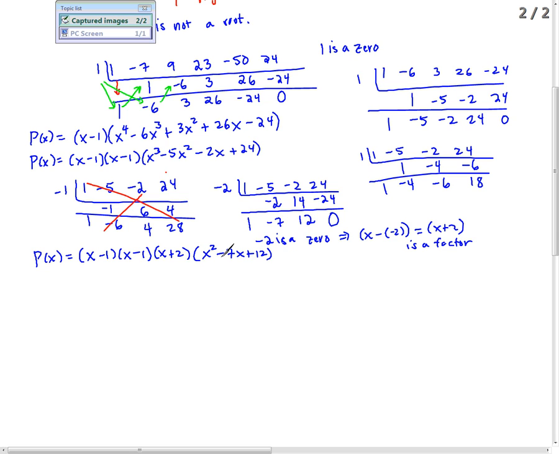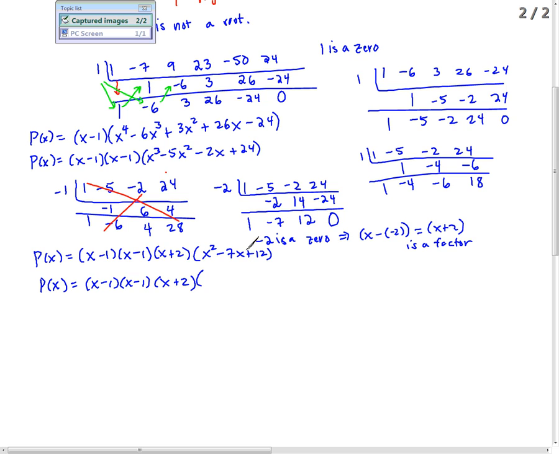If you can't factor it, you can try the quadratic formula. It doesn't really matter. So if I want to factor this, I need the factors of 12 that add up to 7. So x minus 1 times x minus 1 times x plus 2.